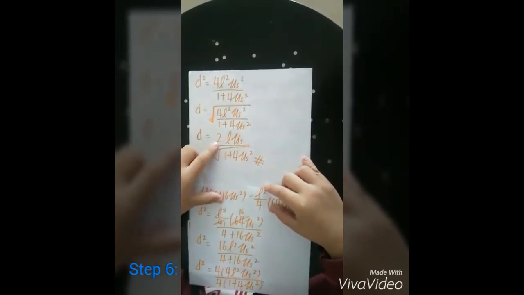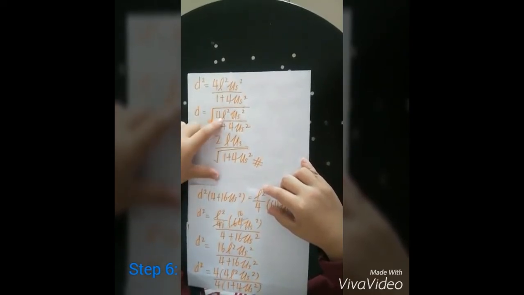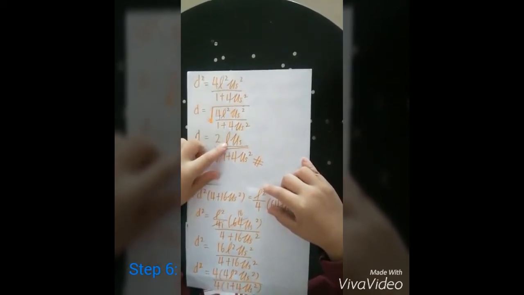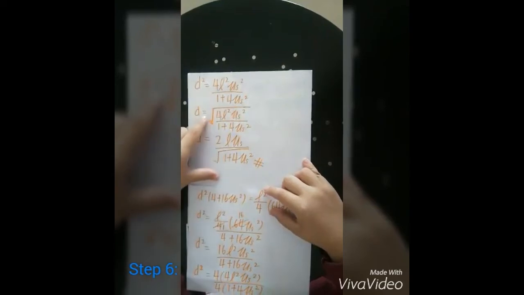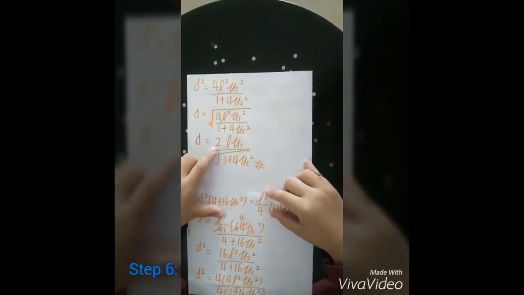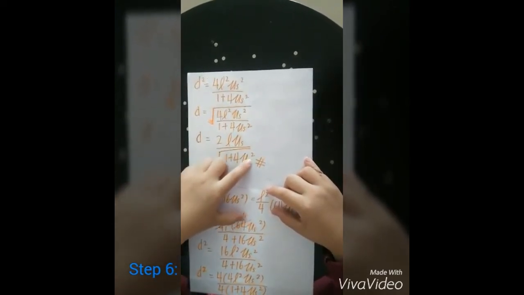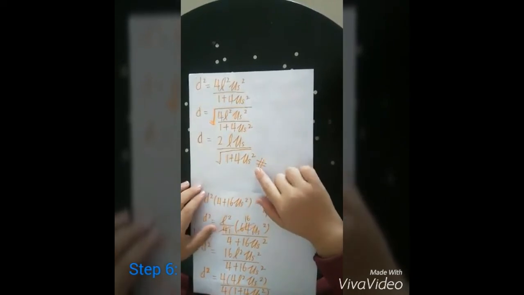The 2 we get is because square root of 4 equals 2. Then L square root becomes L. Mu s square becomes mu s. So thus the answer is 2L mu s divided by square root of 1 plus 4 mu s square. This is the final answer for question 2.